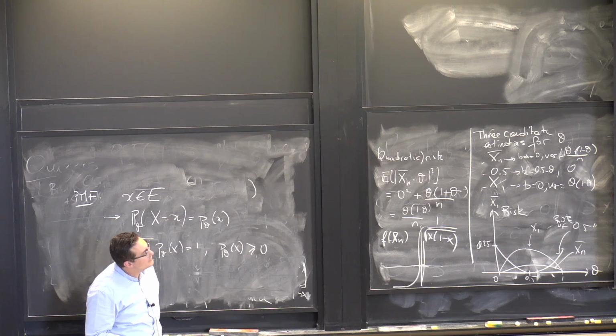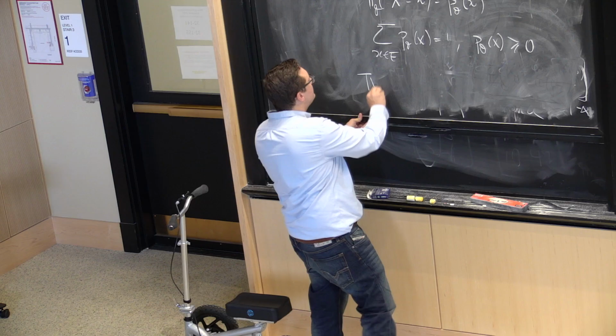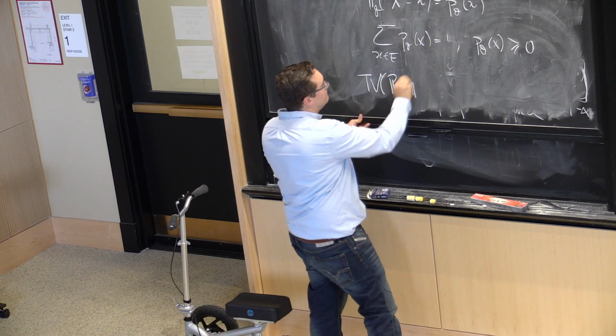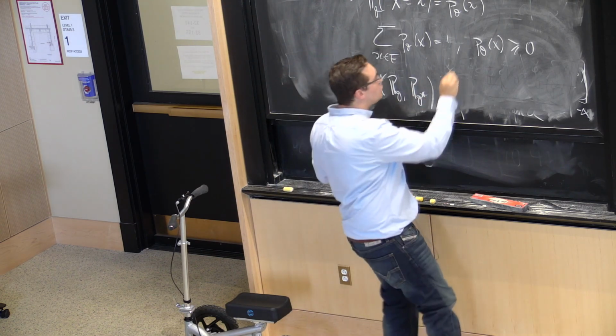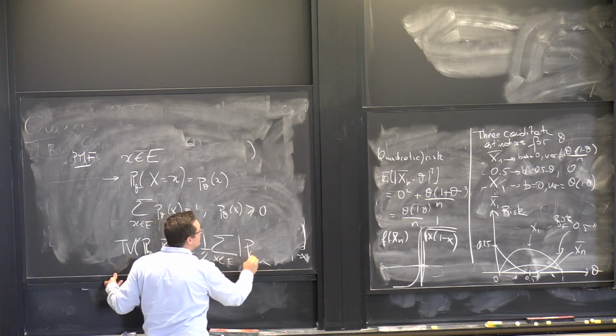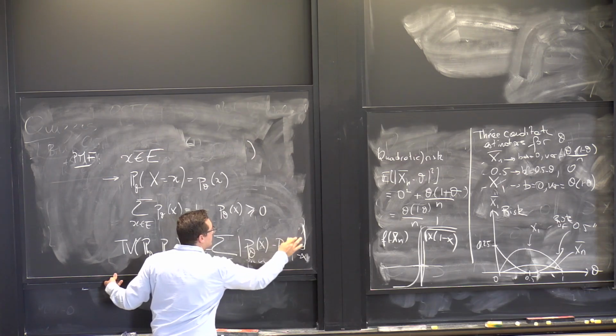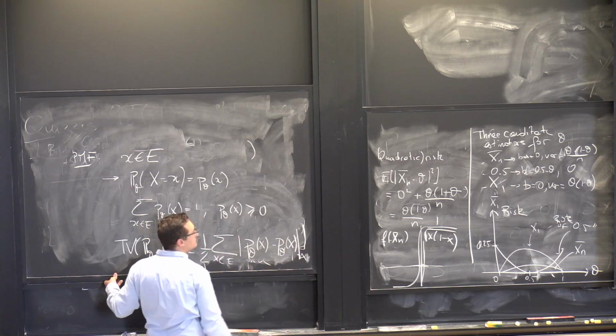OK, and so then I have the total variation distance. It's supposed to be the maximum over all subsets A of E of the probability under theta of A minus the probability under theta prime of A. It's complicated, but really there's this beautiful formula that tells me that the total variation between P theta and P theta prime is actually equal to just 1/2 of the sum for all x in E of the absolute difference between P theta of x and P theta prime of x.